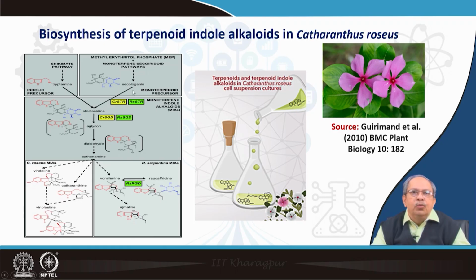Secologanin comes from the terpene moiety and tryptamine comes from the shikimate pathway, and these two join and form strictosidine. Strictosidine is the first step of this indole alkaloid synthesis, and then there will be a glucosidase activity, and the glucose will break down, that will be an aglycone, and then there are multiple reactions.